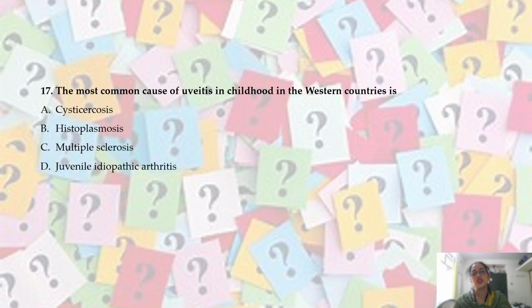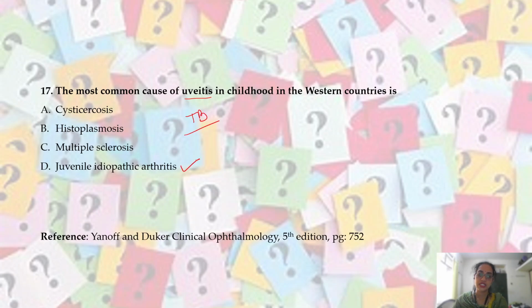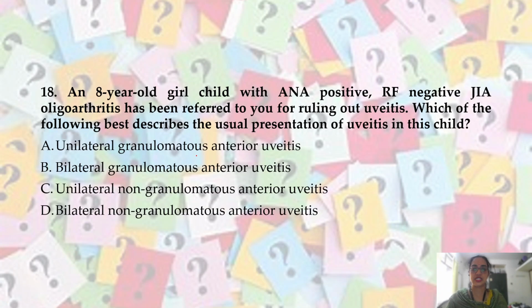The most common cause of uveitis in childhood in the Western countries is... In India, again, the most common cause of uveitis in childhood is TB, but in the Western countries it is juvenile idiopathic arthritis. An 8-year-old girl comes with ANA positive, RF negative juvenile idiopathic oligoarthritis and has been referred to you for ruling out uveitis. So there are many clues in this question.